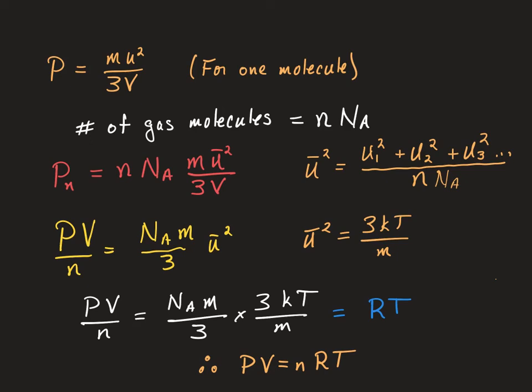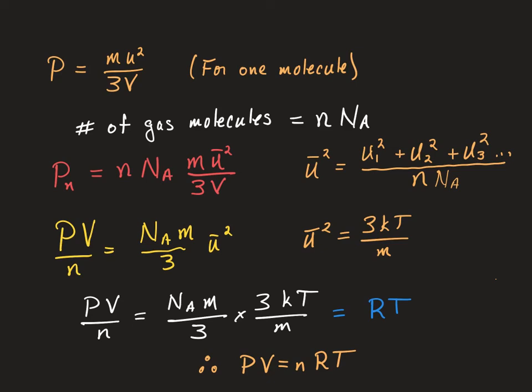And so now we end up with this expression. If we divide both sides by the number of moles and we multiply both sides by the volume, we get PV over n equals this combination. The number of molecules times the mass of each molecule divided by 3 times the speed squared.